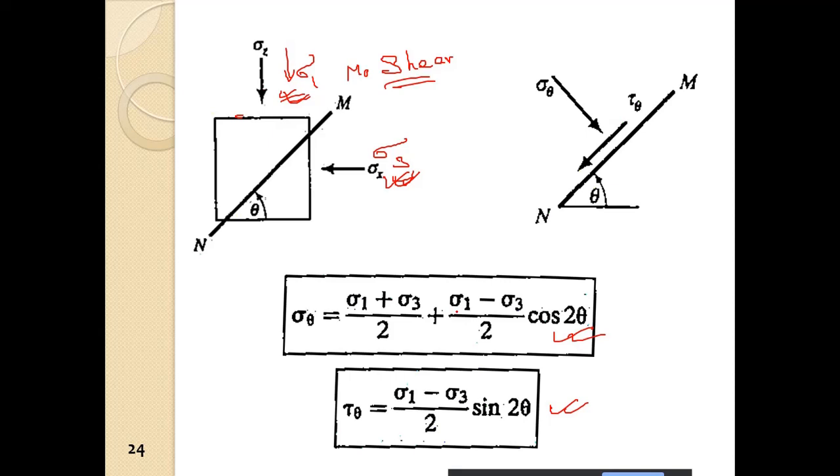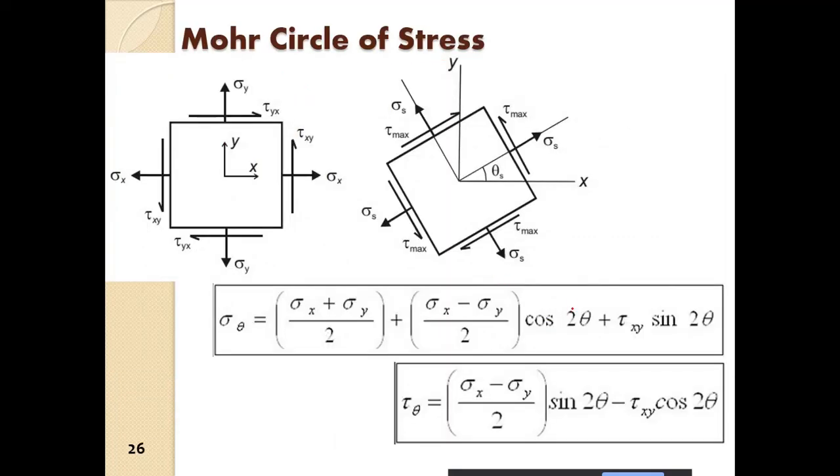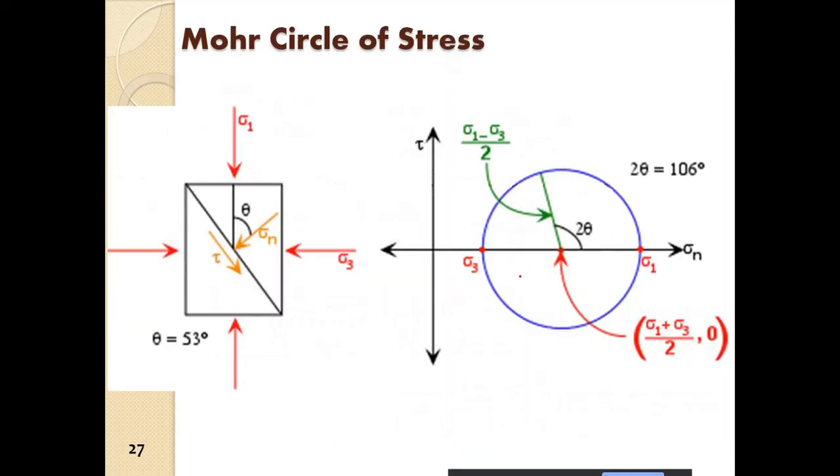Now this we have to remember, because while observing the stress path, we will see how this is important. So we have this expression over here. In case of triaxial, since we are applying only sigma 3 and sigma 1, this is the major principal plane and this is the minor principal plane.